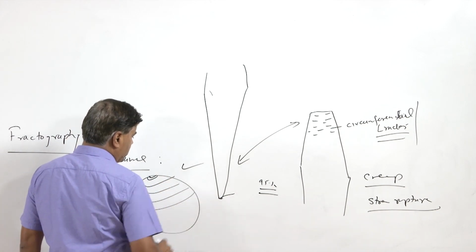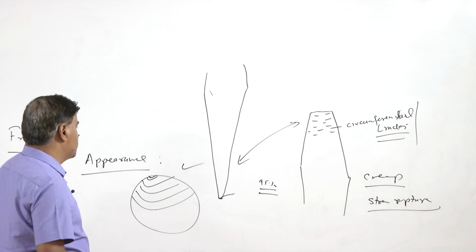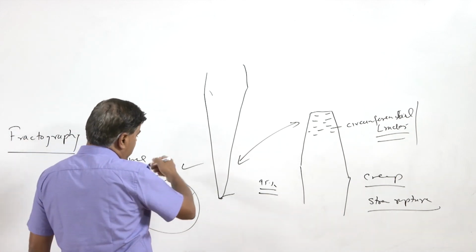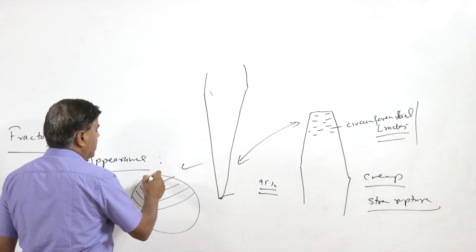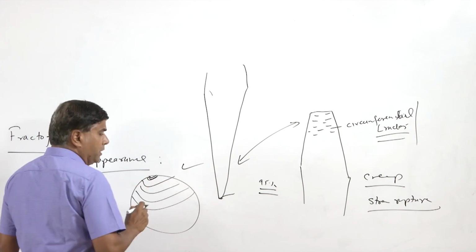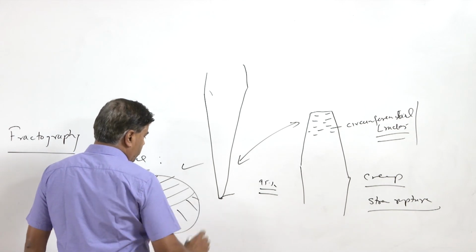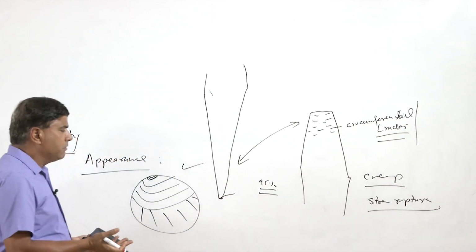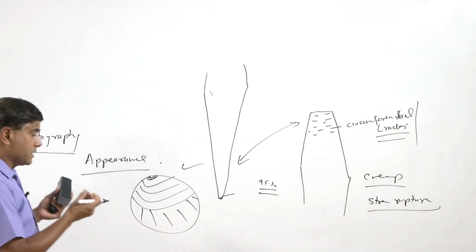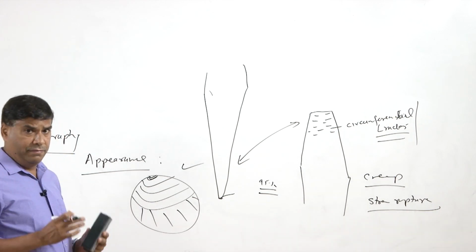like these beach marks, which are basically concentric circles having their center at the crack nucleation point, and thereafter the sudden fracture zone. So, such general features are observed in case of fatigue fractures.